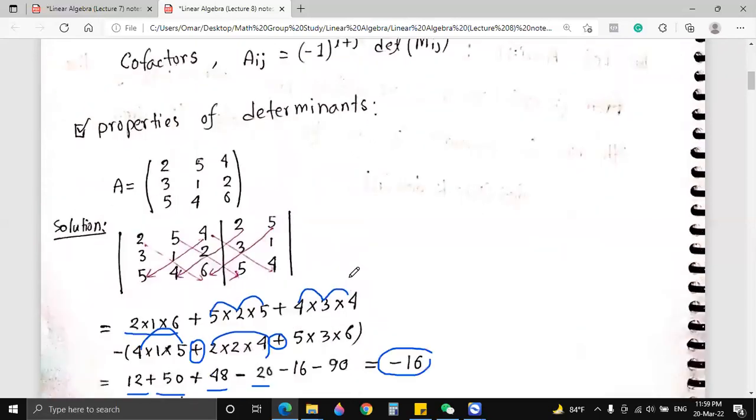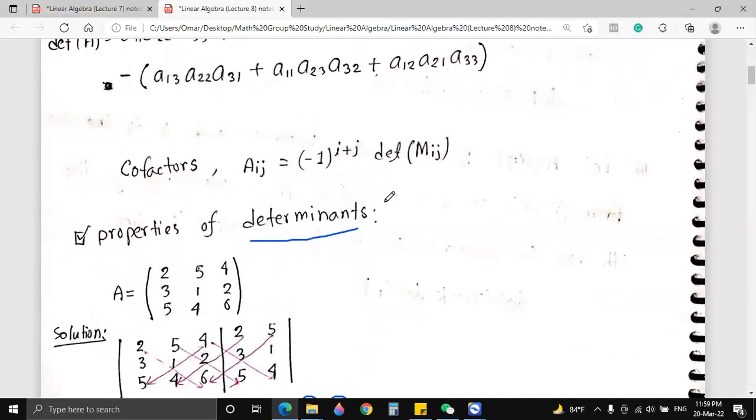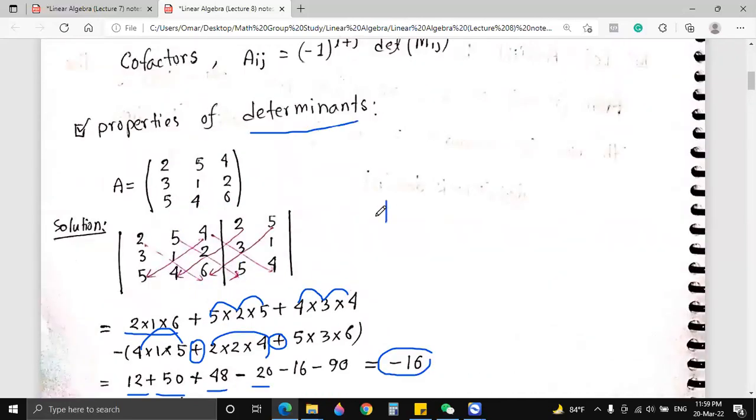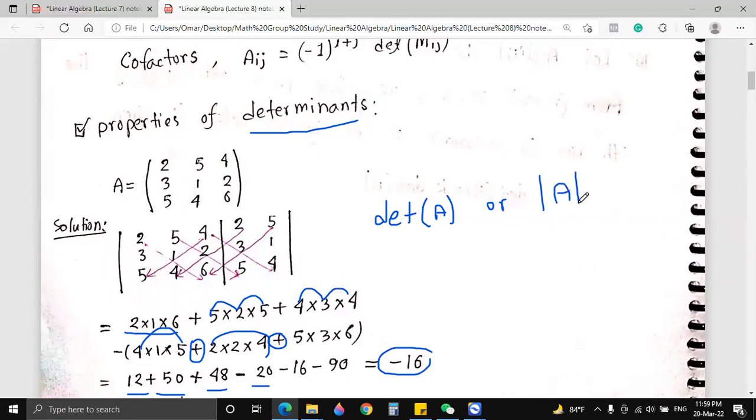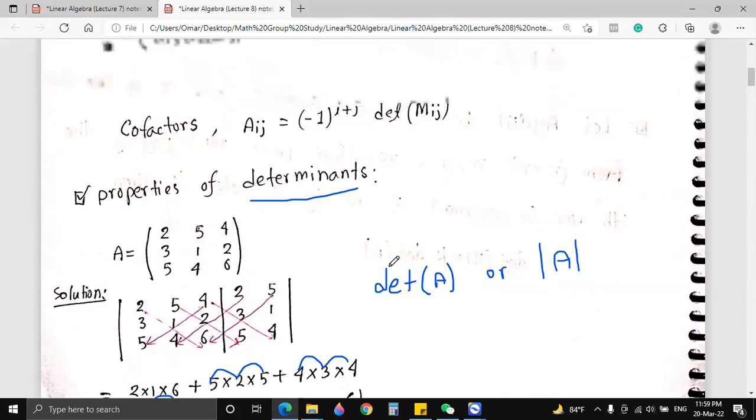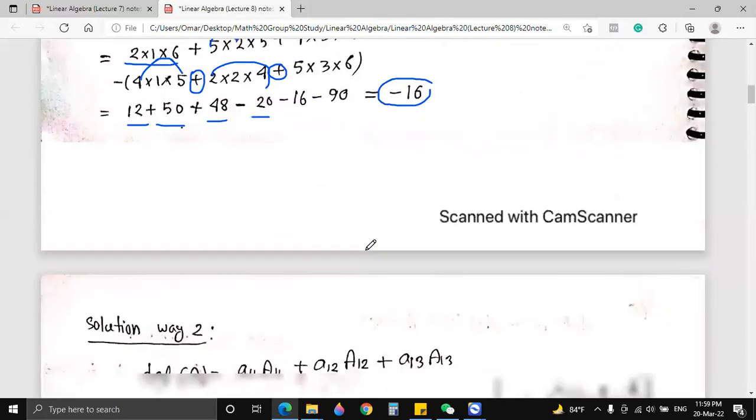This way we find determinants. We can write det of A, or we can also express it as the absolute value of A, or modulus A. So this way we find the determinant of the A matrix.